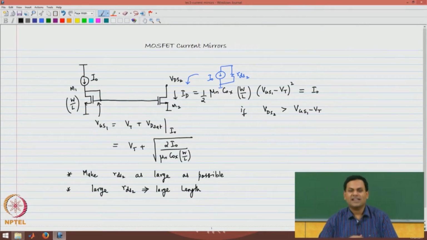Suppose I want to get even better output resistance. So, you want to get a current source which has as large an output resistance as possible. So, that is our goal.